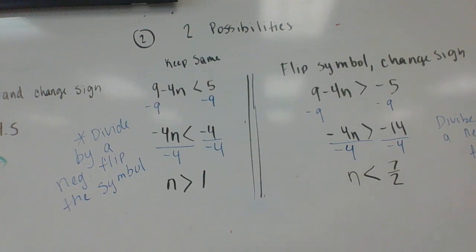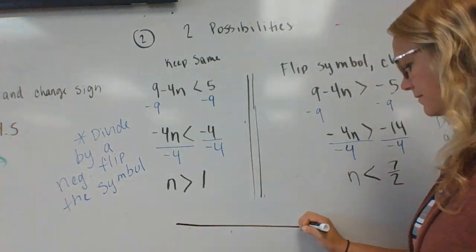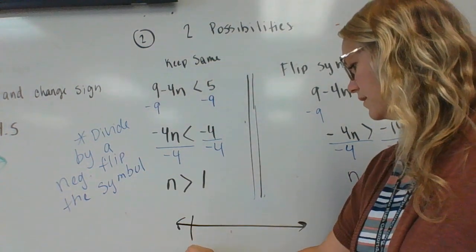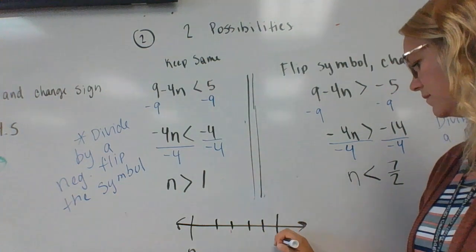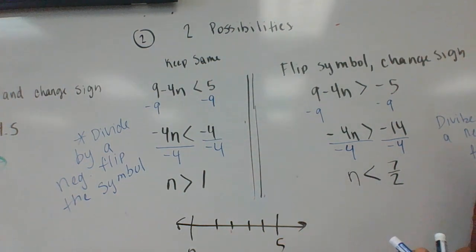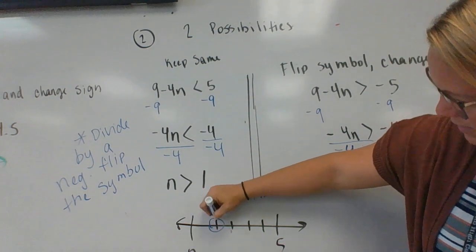Okay, so this is what I have. Numbers that are higher than 1 and numbers that are less than 3.5. I'm going to do an open circle this time since we're not equal to.